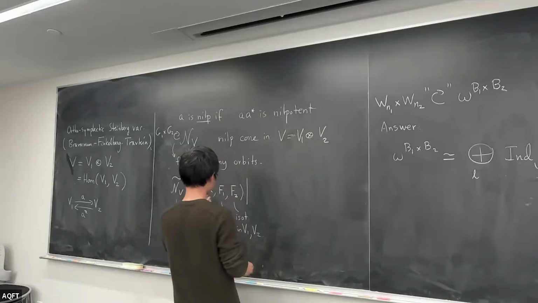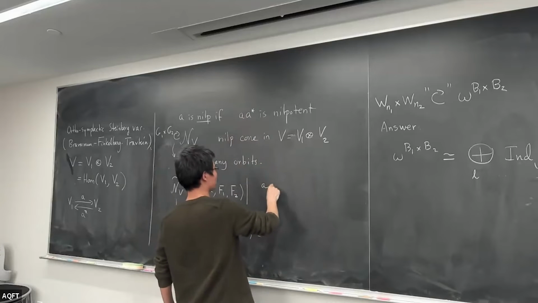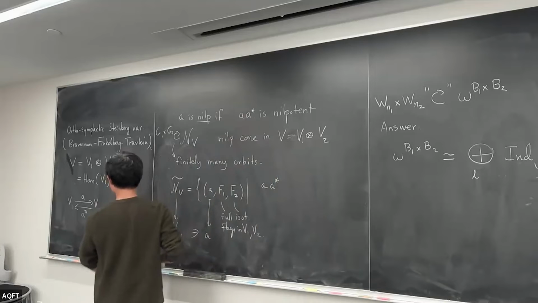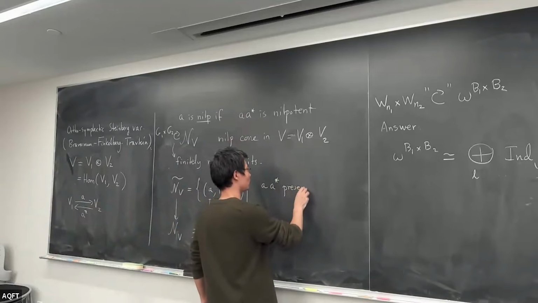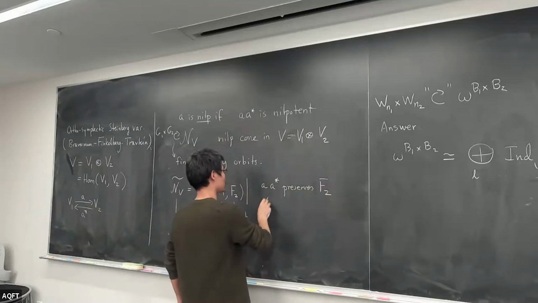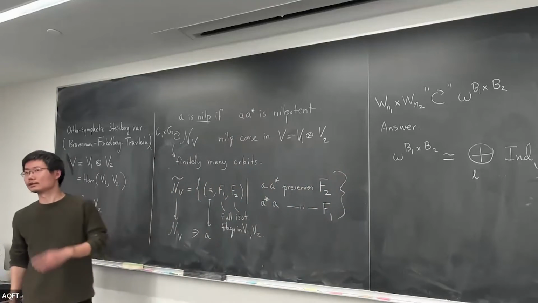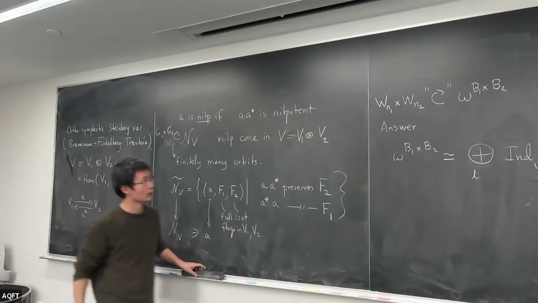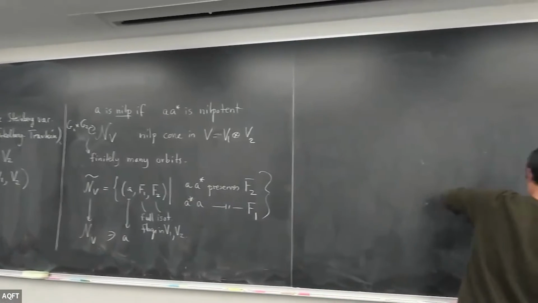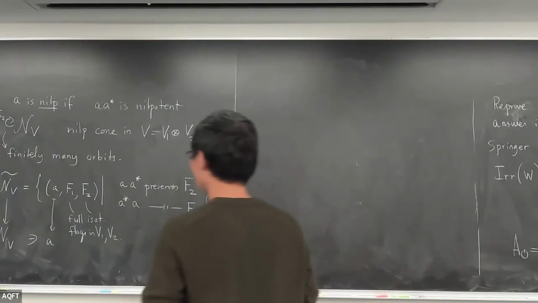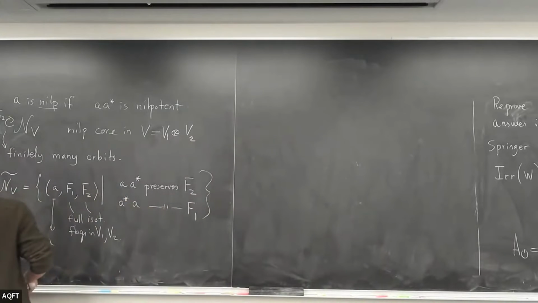And the requirement is that A star, a self map from V2 to itself, preserves F2, and A star A preserves F1. That's just a very natural thing to write down. So this is the orthosymplectic Steinberg variety.